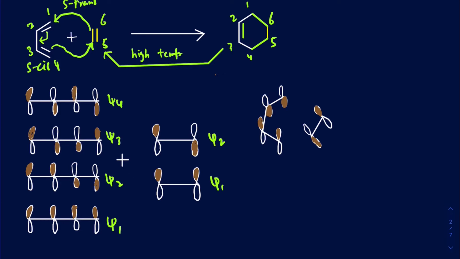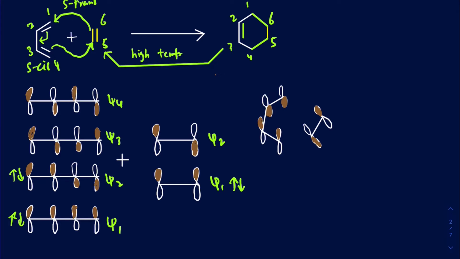I have a total of 4 electrons in the diene because there are 2 pi bonds. I'll have 2 electrons in the first set, then 2 electrons in the second set. And then I have only 2 electrons in the dienophile, so I'll have 2 electrons in the first set.